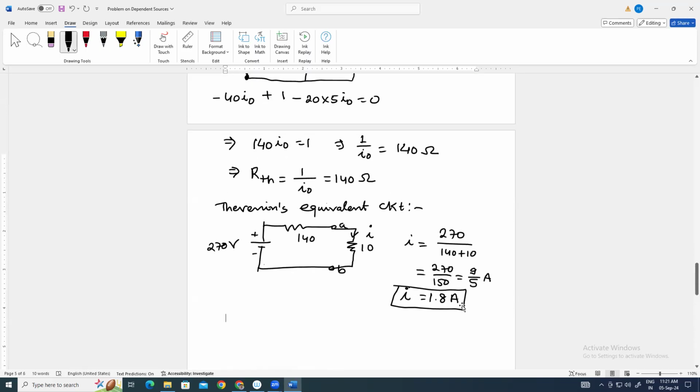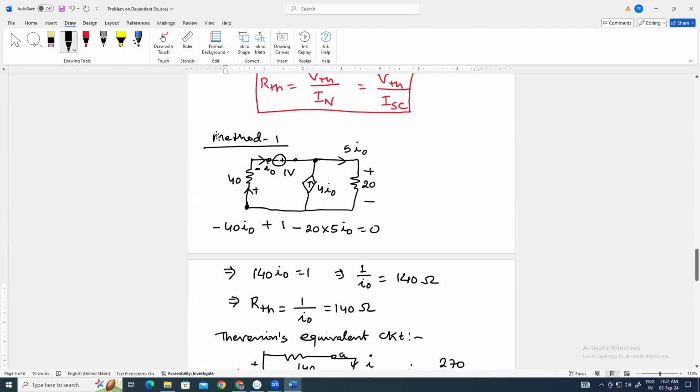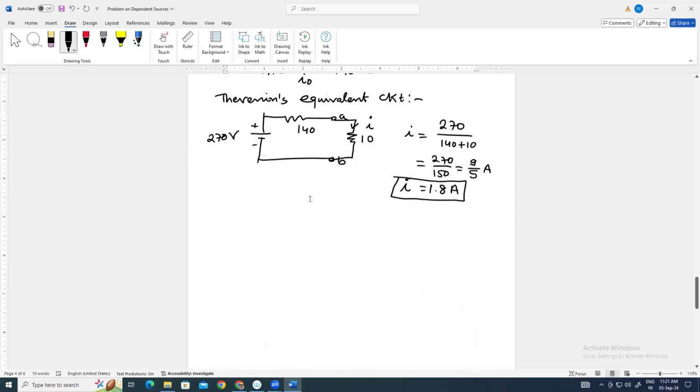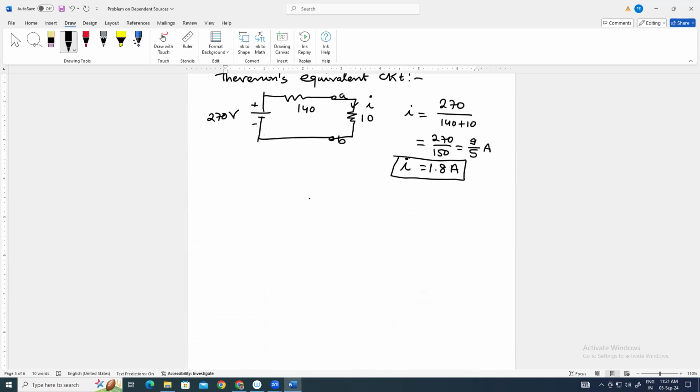So we have seen the first method to calculate RTH. Now we will see the second method for RTH. In this method, we will apply Norton's theorem and we will calculate ISC or IN.